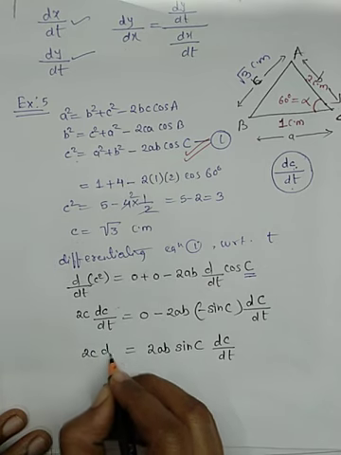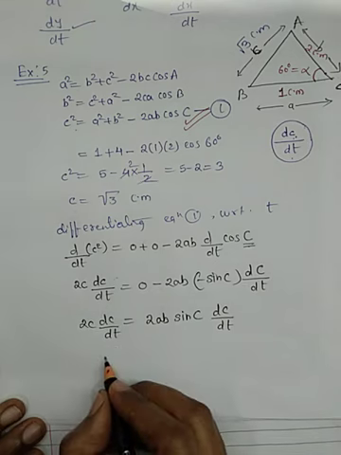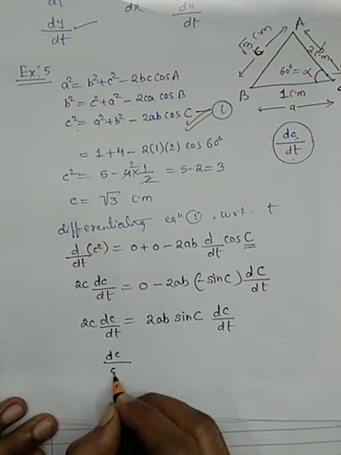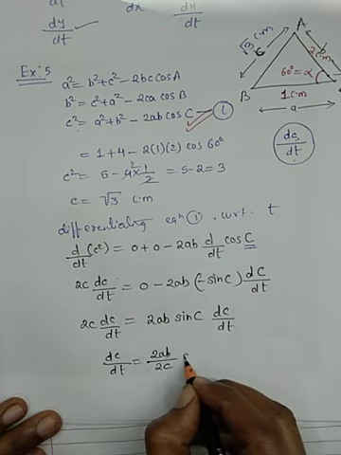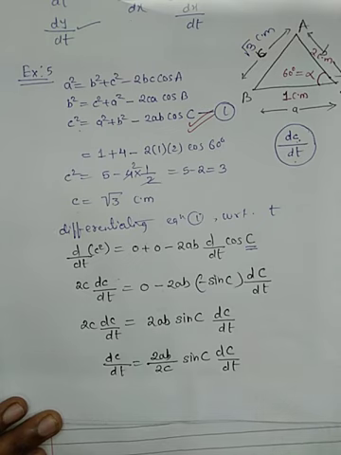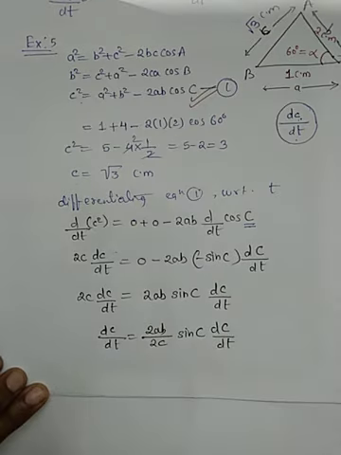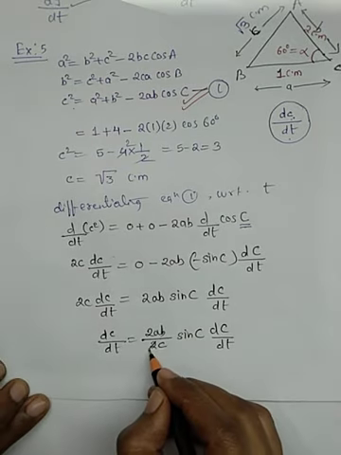The left hand side is 2c dc by dt, and let us bring all the terms to the right hand side, that is dc by dt equals 2ab divided by 2c sin of C dC by dt. Write down capital C or small c properly, okay. Now children, see here, 2 and 2 will get cancelled.